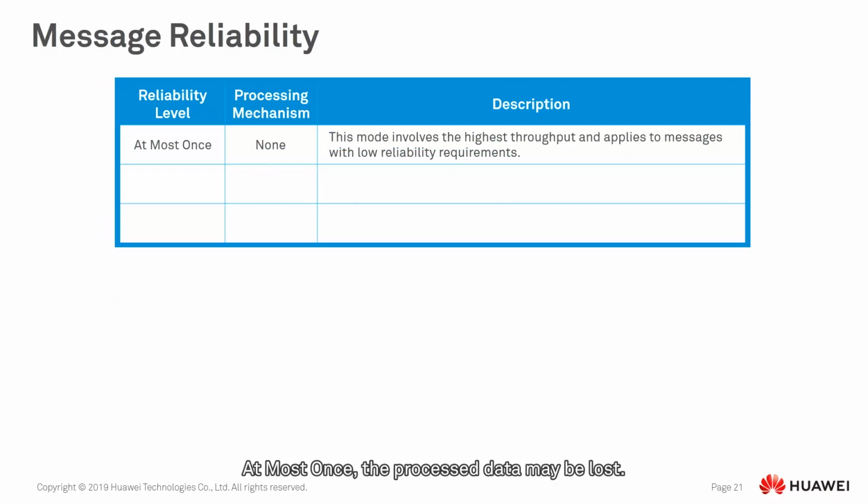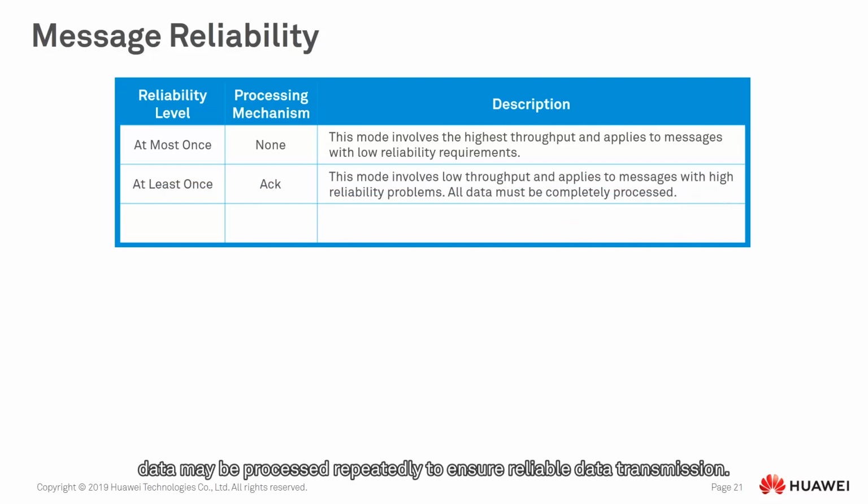At most once: the processed data may be lost, but it cannot be processed repeatedly. This reliability level offers the highest throughput. At least once: data may be processed repeatedly to ensure reliable data transmission.